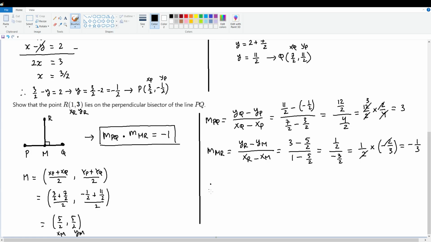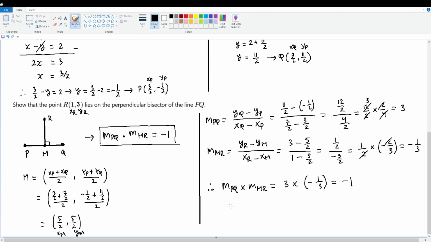Now, let's prove it. We multiply both of these gradients: m of PQ times m of MR is equal to 3 times minus 1 over 3, and we get minus 1.